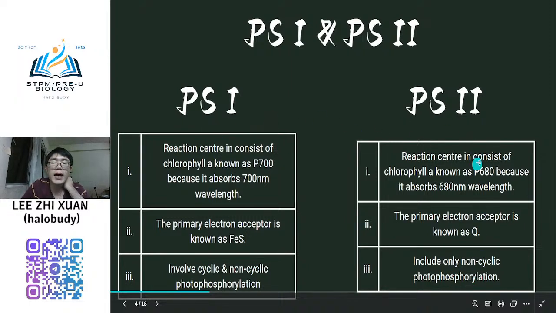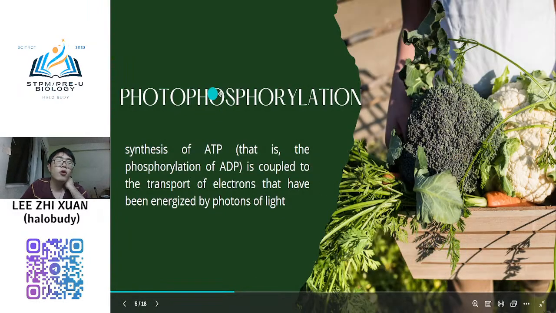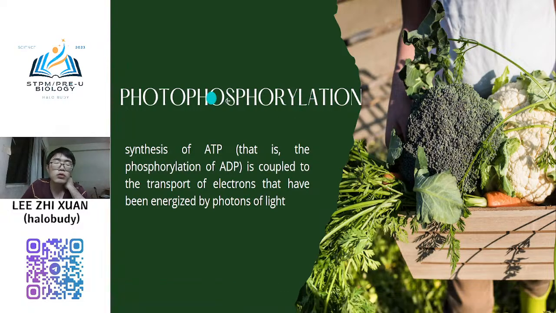So what are they? If you still remember this term, photophosphorylation, you know that phosphorylation is the synthesis of ATP, the direct synthesis of ATP from organic phosphate. Here it adds one term, photo, meaning this photophosphorylation is special to photosynthesis only.